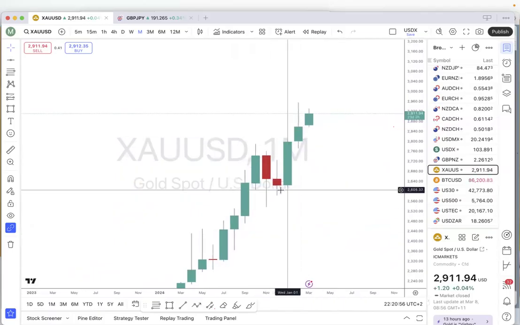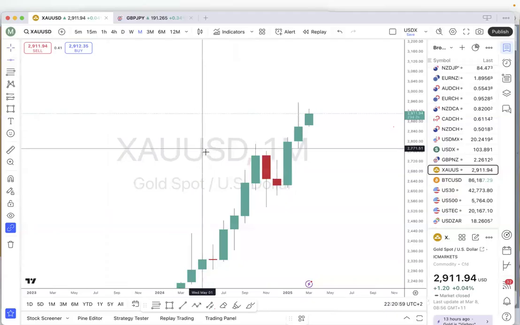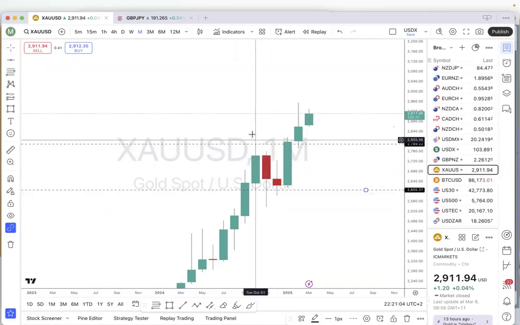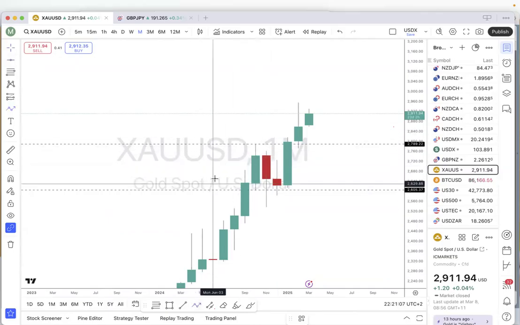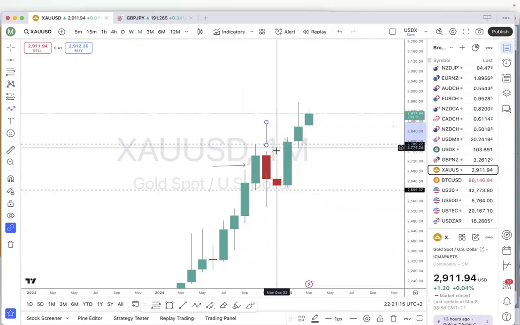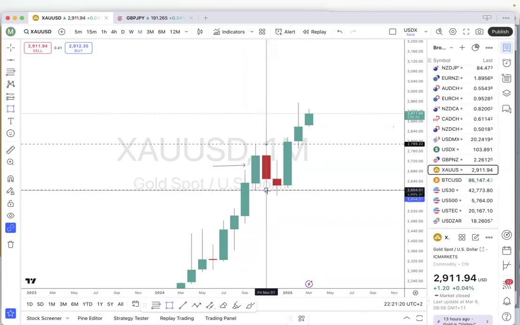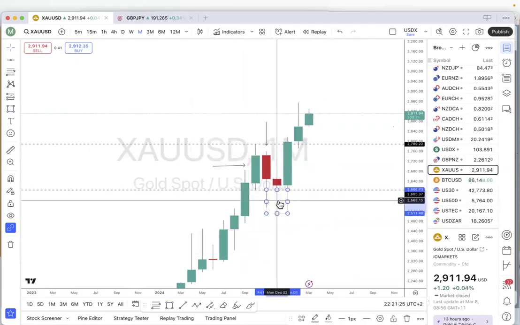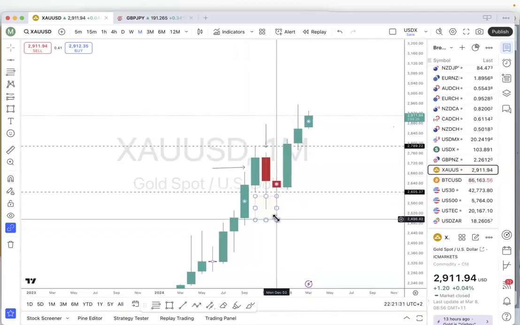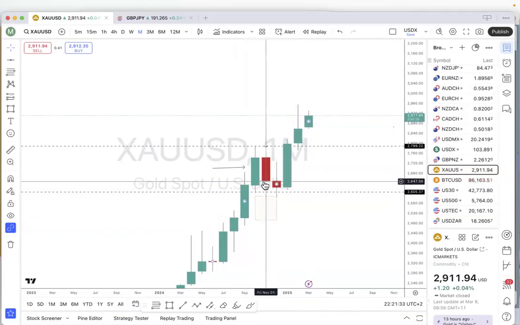So how you would trade this, you would say this is your high, your low. This is your candle range. And then this candle is the one that broke the low of that range candle. And then after breaking the low, it made sure that it closes above.